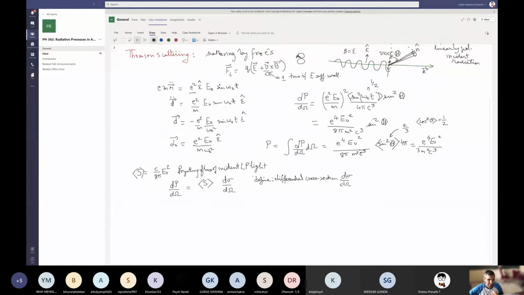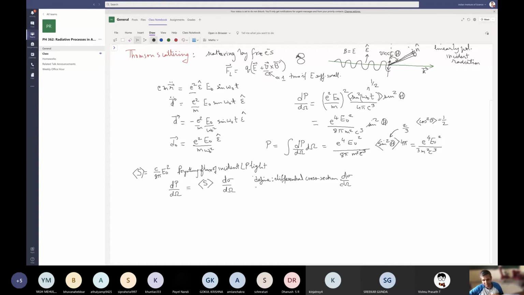Basically the power radiated in some direction theta is equal to the incident flux times the differential cross section d sigma d omega. Now you see, this is energy per unit area per unit time. This is energy per unit time per unit solid angle. So this has to be area per unit solid angle. So the higher the differential cross section is, the more power will be scattered in that particular direction.